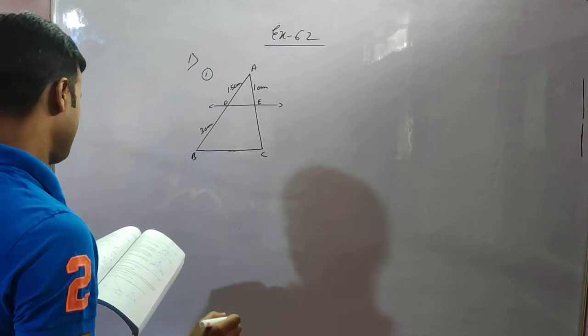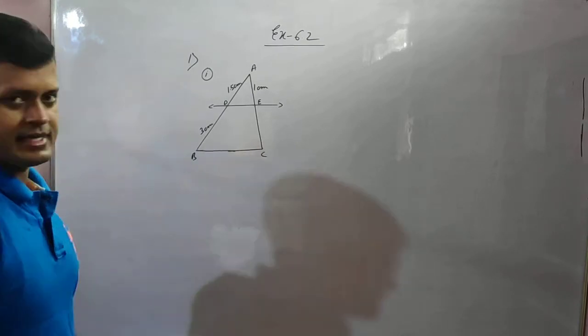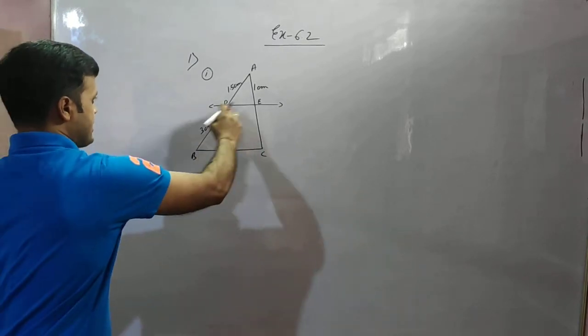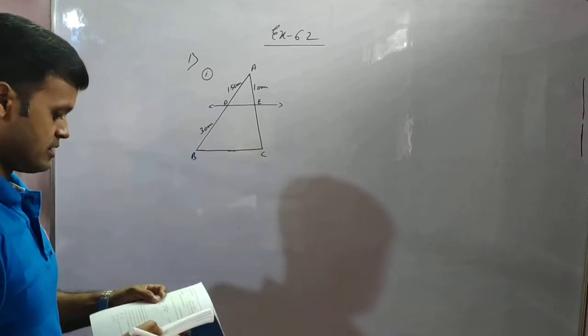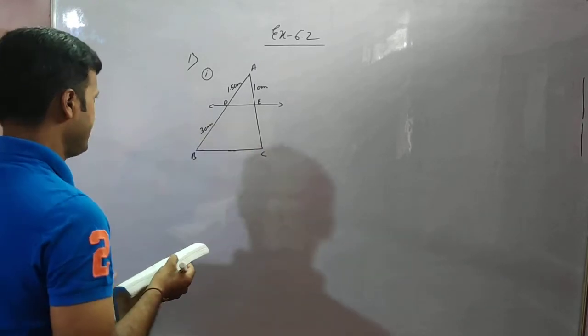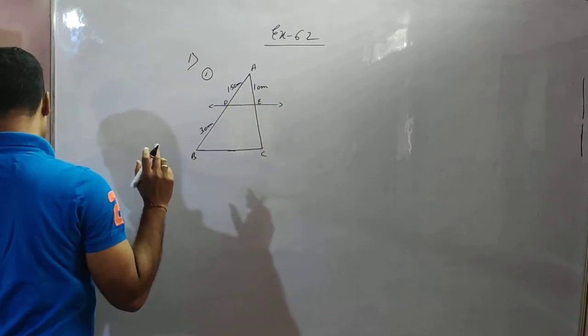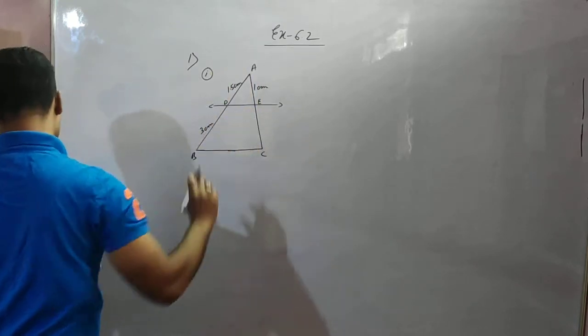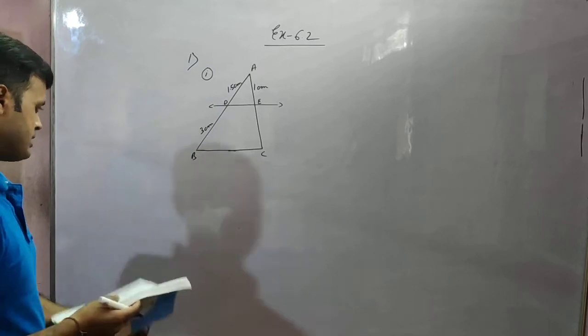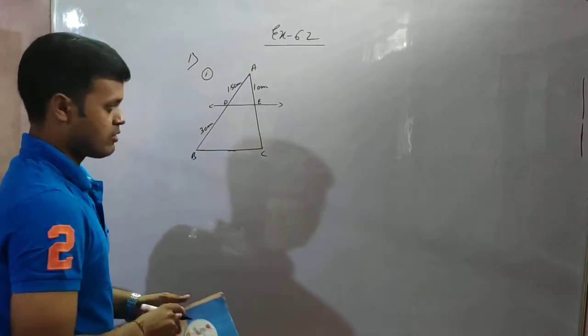In this triangle, DE is parallel to BC. Okay, this line DE is parallel to BC. AD is given to you, DB is given to you, and AE is given to you. You only need to find out EC.